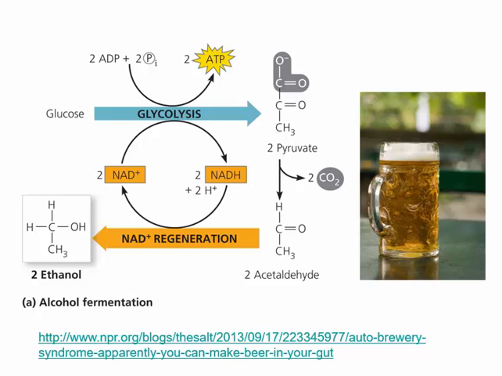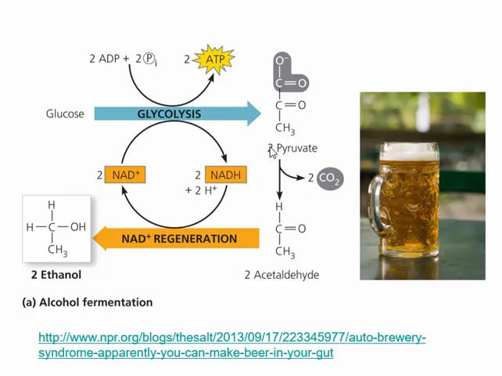All right, so here's one way living things can do this. Here we've got pyruvate, and in step one, in this case alcohol fermentation, carbon dioxide has to be taken off of pyruvate. Notice it says 2 carbon dioxide, but this is also saying 2 pyruvate.